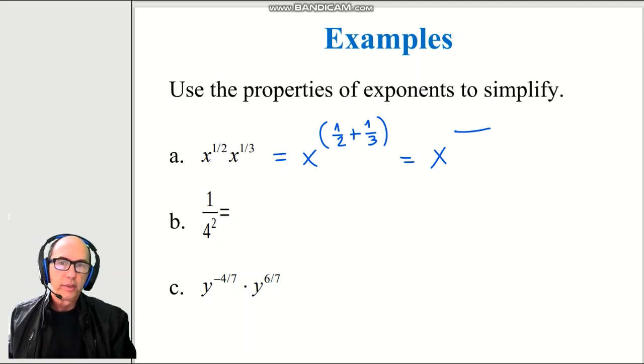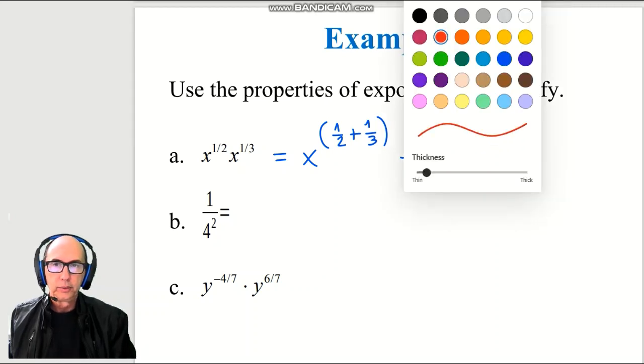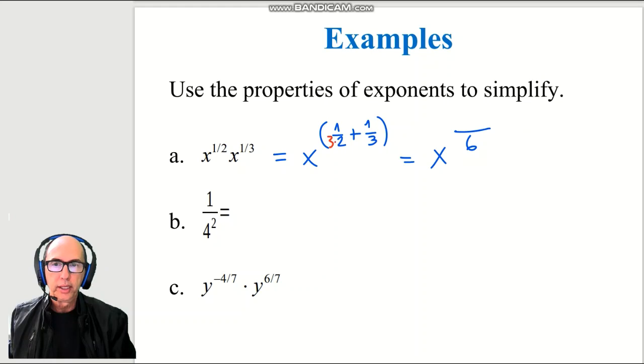The least common denominator between 2 and 3 is 6. To make 6, we need to multiply times 3. To make 6 here, we need to multiply times 2. On the top, we will end up having 3 plus 2. That's x to the power 5 over 6.